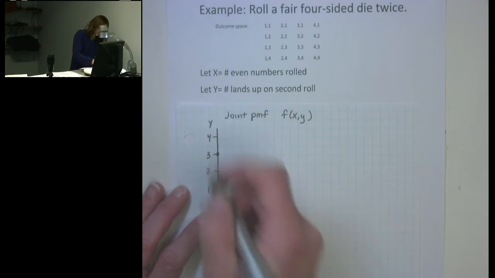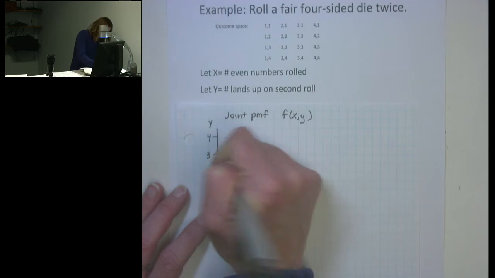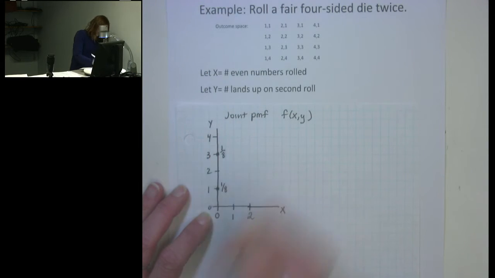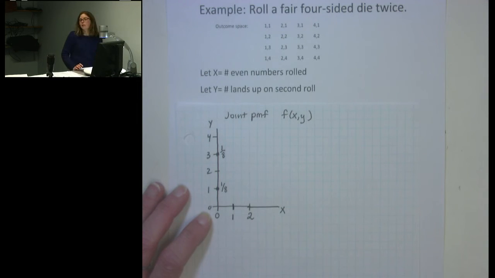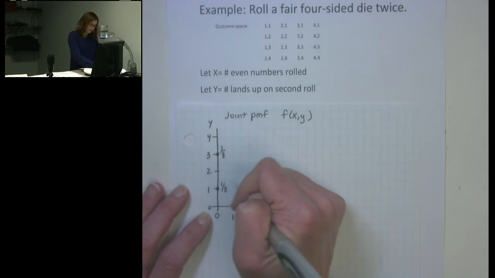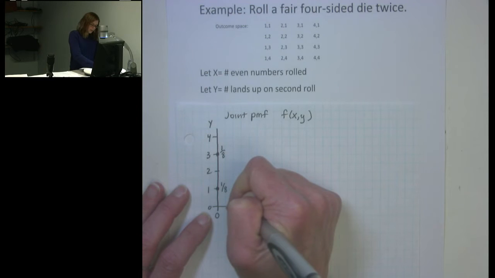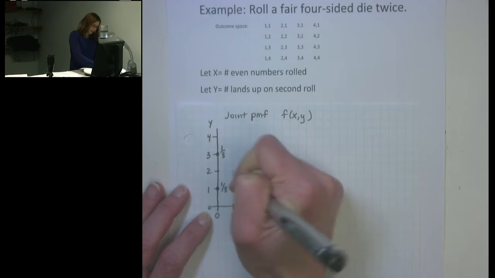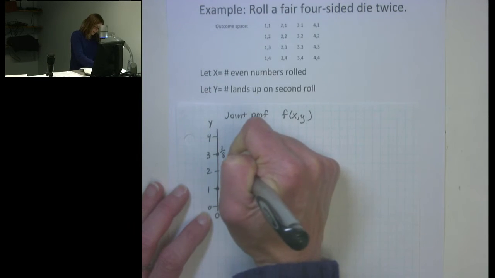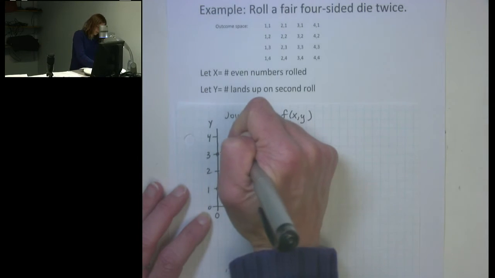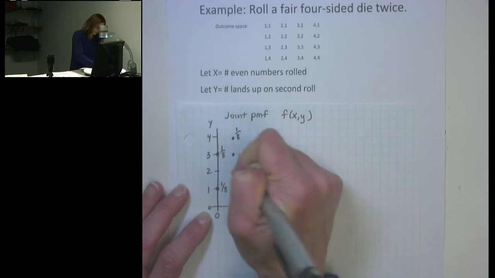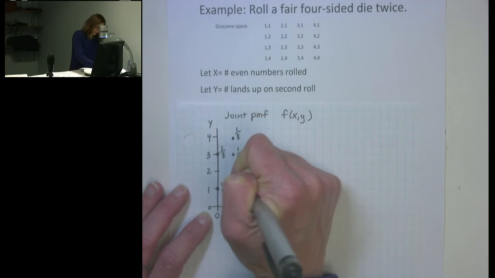So we've got 1/8 probability associated with both of those outcomes. If we have 1 even number rolled out of the 2 dice, it could happen on the first or second one. So it's possible that we could roll any of these values on the second die. And each of these also, if we go through our outcome space and look, we'll find has a probability of 1/8.